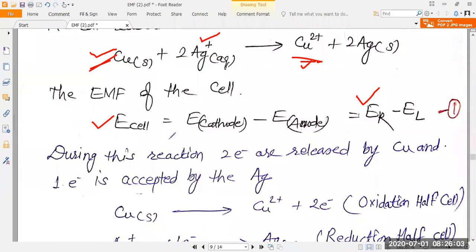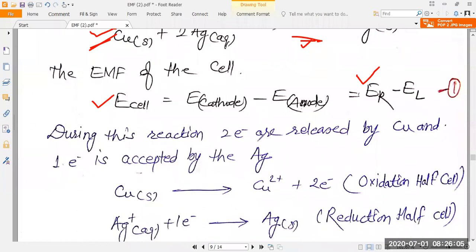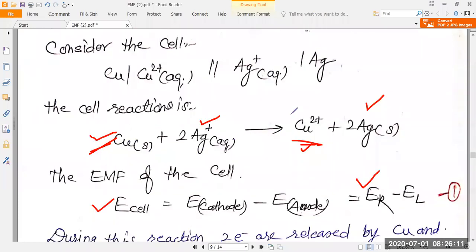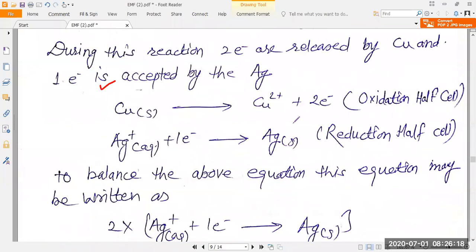We have studied earlier. During the reactions, 2 electrons are released by the copper and only 1 electron is accepted by the silver. See, here in this case, 2 electrons are released by the copper, but silver only accepts 1 electron. This is the half cell where copper releases 2 electrons and silver accepts 1 electron. This is the reduction half cell.